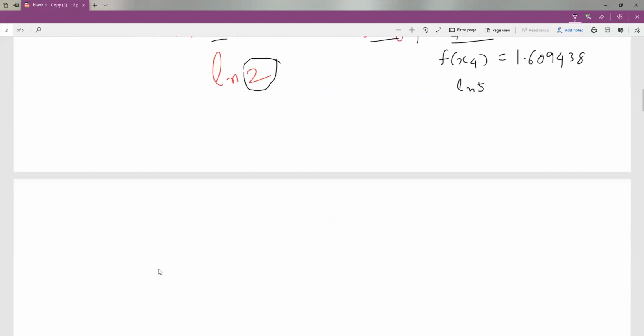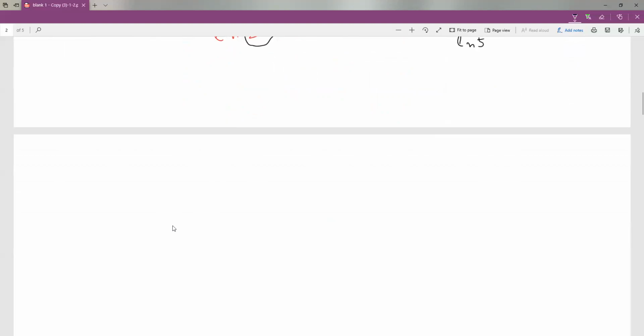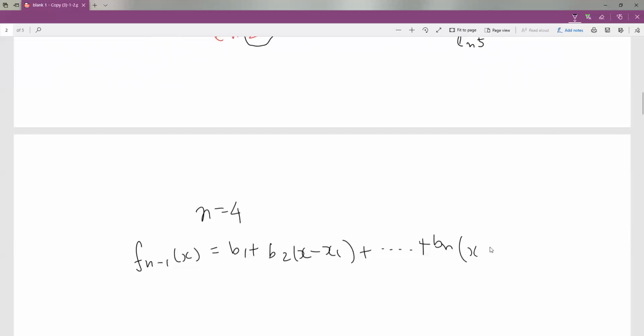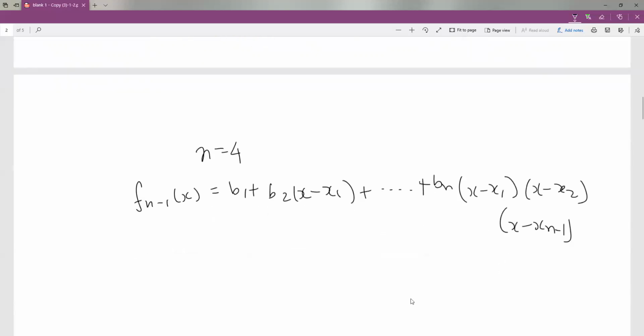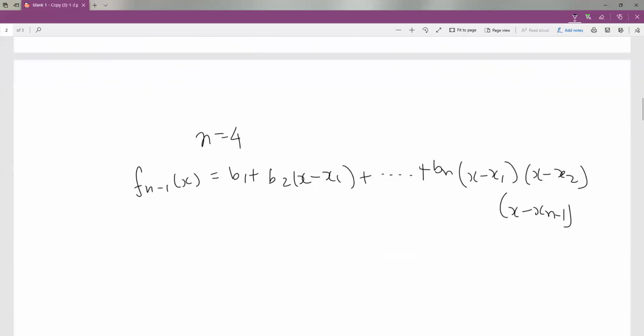So the third order Newton's interpolating formula can be written in our general formula. We will write n equal to 4. So our general formula was this. Here we will substitute n equal to 4 because we have four data points.